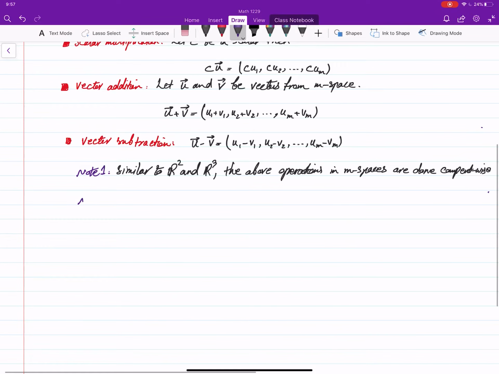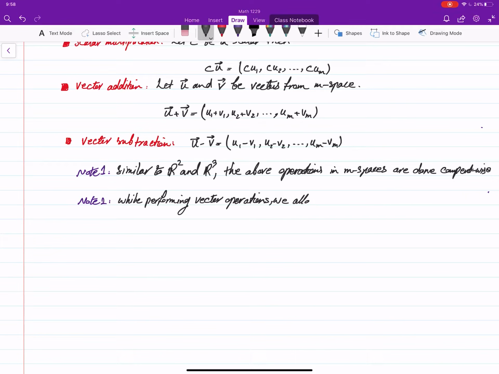And note 2 is that while performing vector operations, we are allowed to use only vectors with the same number of components.